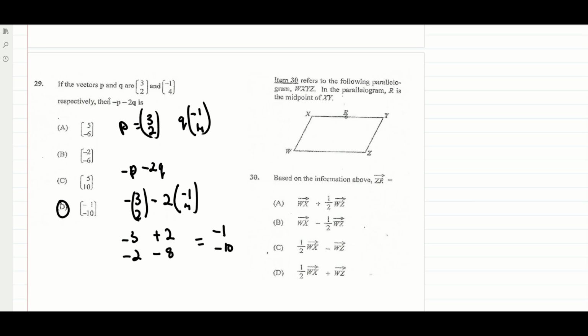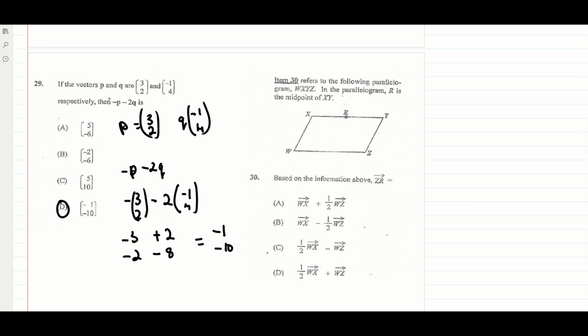Item 30 refers to the following parallelogram. In the parallelogram, R is the midpoint of XY. Based on the information above, they want to know what is ZR.